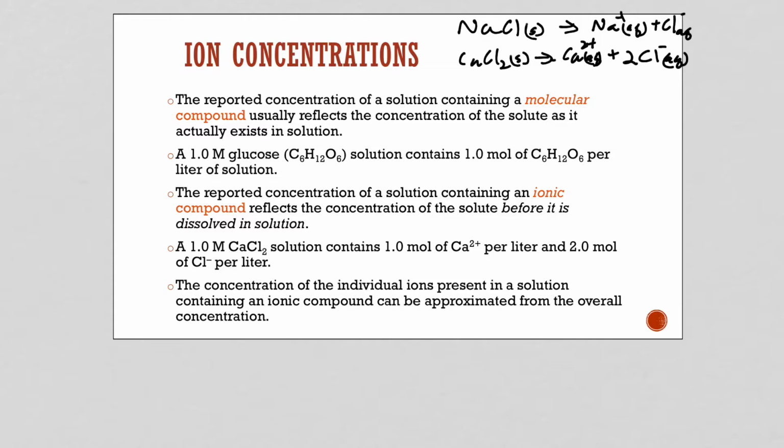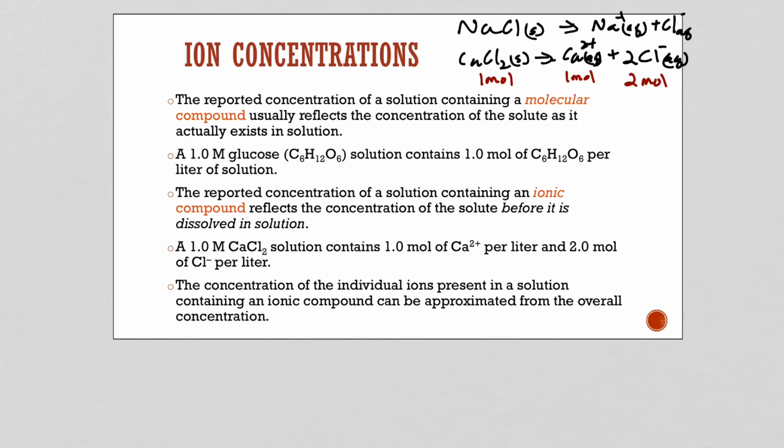So a 1 molar calcium chloride solution contains 1 mole, right, of calcium chloride. Now what about the ions? Well, it has 1 mole. If we have 1 mole of this, when it breaks down, we're going to end up with 1 mole of calcium ions, but we're going to end up with 2 moles of chloride ions floating around.